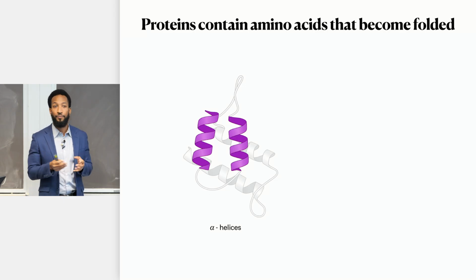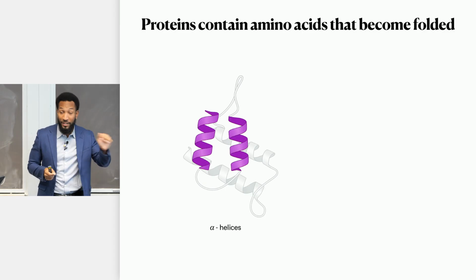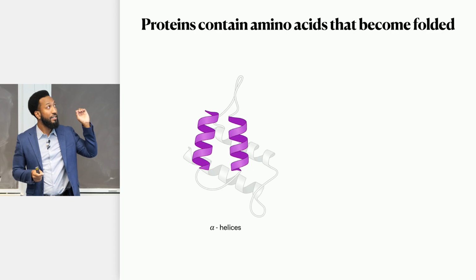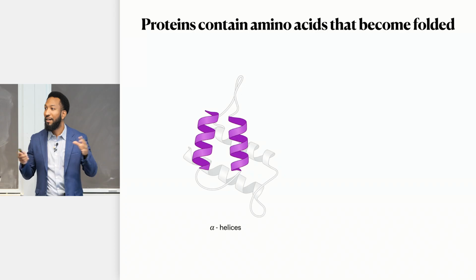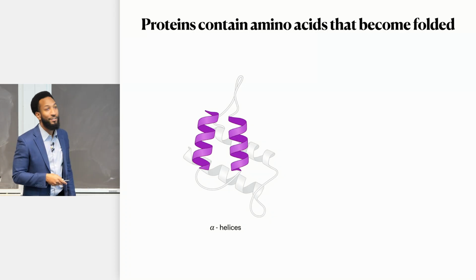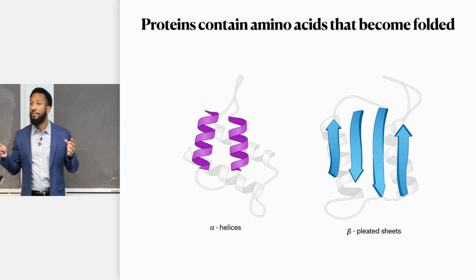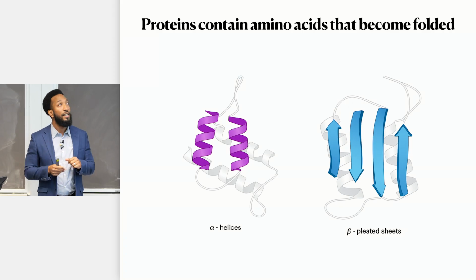This is known, so a biochemist can look at a sequence and say this forms an alpha helix, even without looking at the structure or doing any biochemistry or X-ray crystallography or anything like that. Another one is called beta sheets. Beta sheets are this type of structure. These are two of the common ordered or folded regions that happen in proteins.